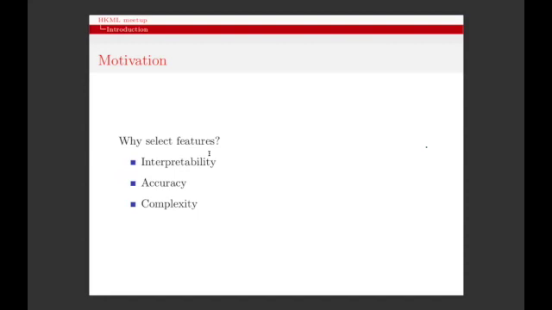As Gauthier said, we want to understand the models we are using. Including many unimportant features in the learning models is not a good thing, because it negatively impacts the interpretability. It makes the model less easy to understand.